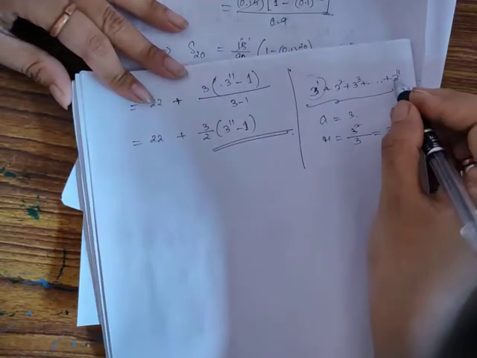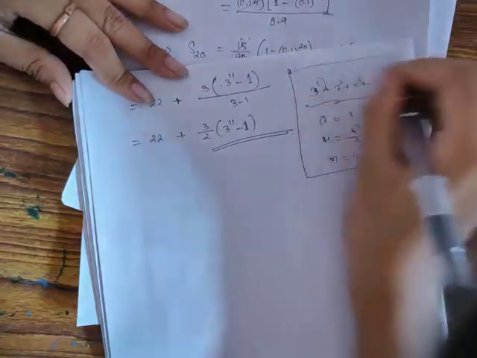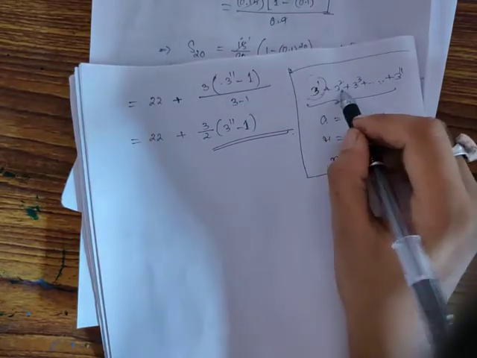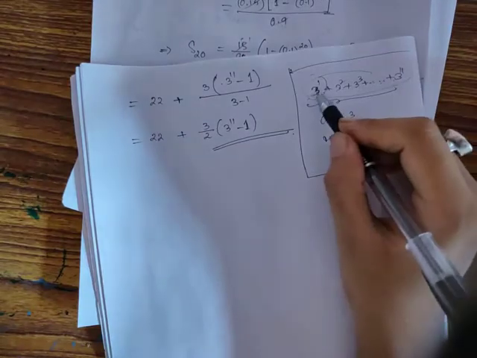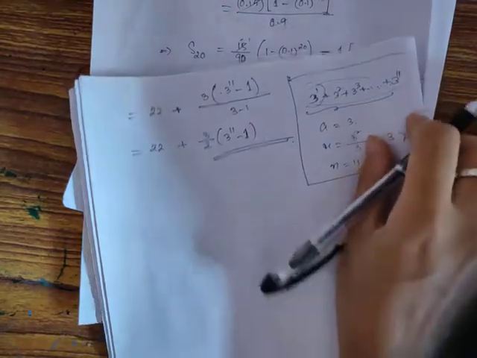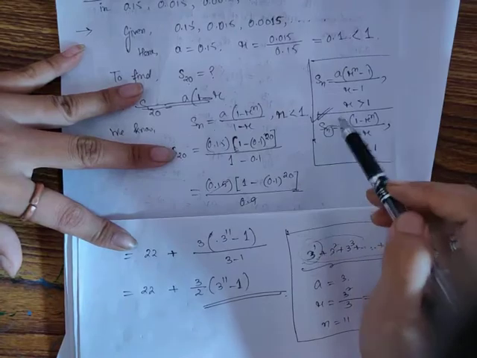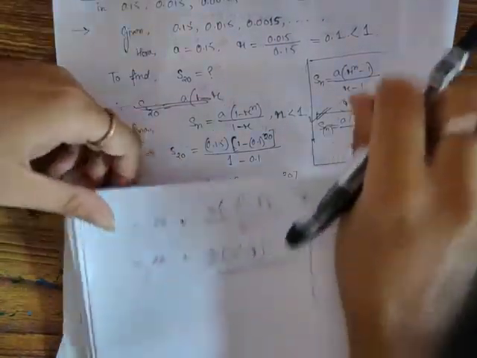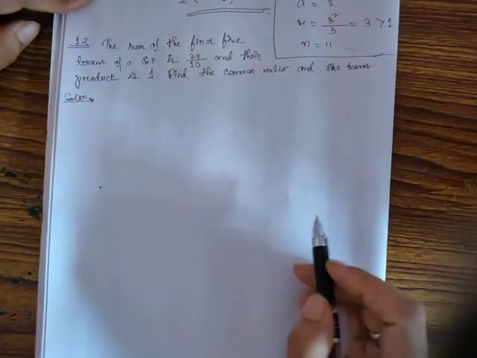The number of terms is 11. So you need to find out the sum of the terms of the GP series, and we know the formula, so using this formula I directly get it. Very easy.